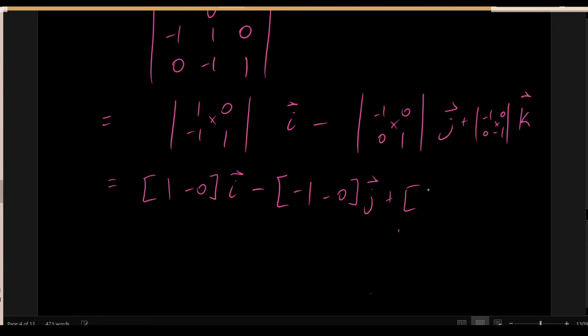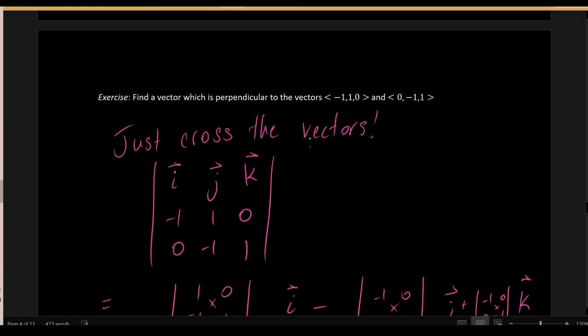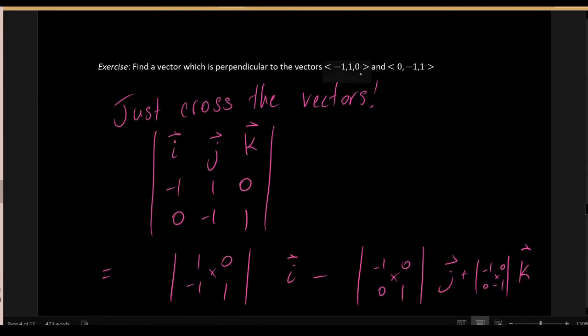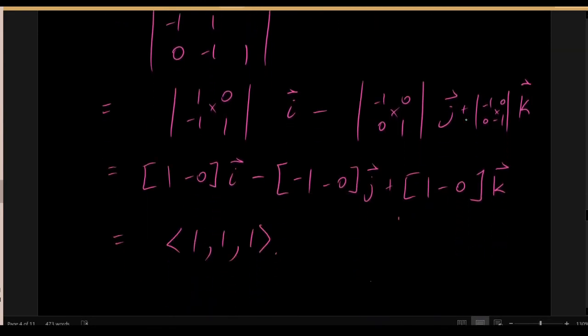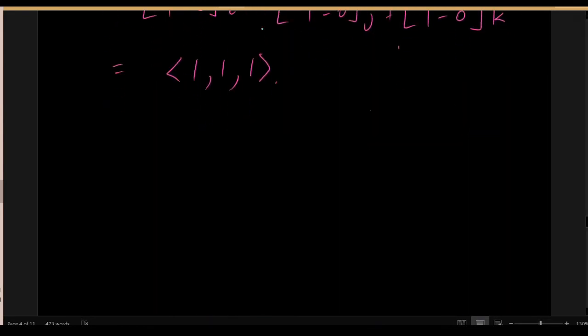And then -1 times -1, take away 0, scaling the vector k, which is equal to 1 in the first component, 1 in the second component, and 1 in the third component. The vector 1, 1, 1 is perpendicular to both the vectors -1, 1, 0 and 0, -1, 1. You can confirm that by taking the dot product.